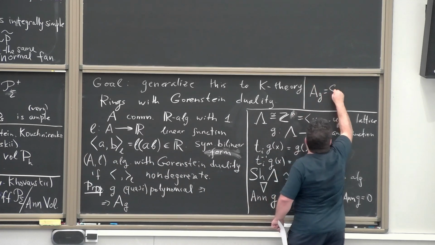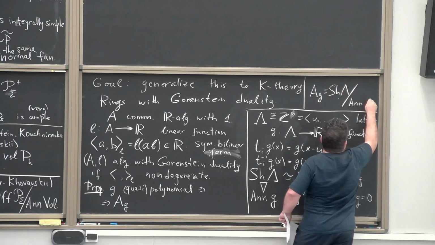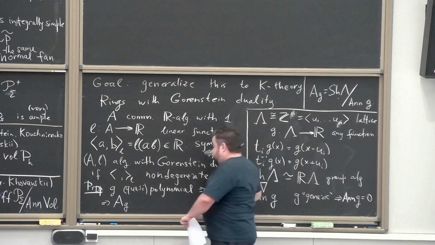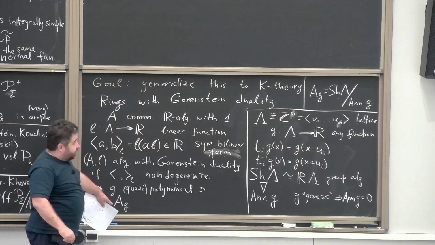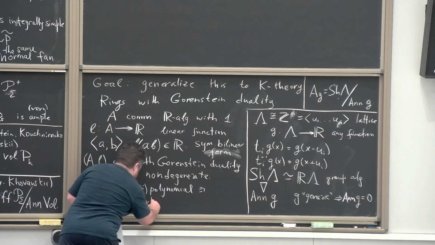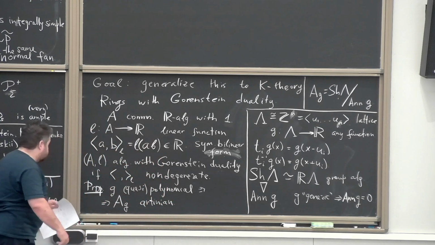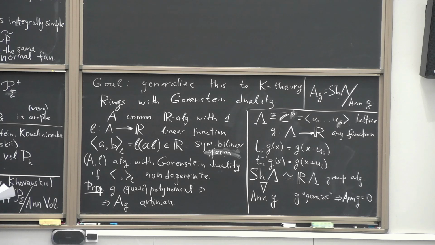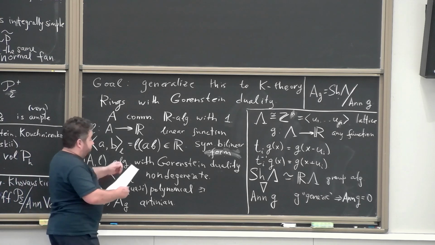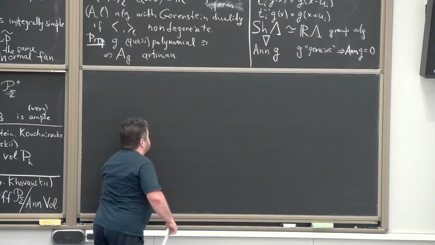This is the algebra of shifts modulo the annihilator of G. So my AG is Artinian, a finite dimensional Artinian ring. Okay, so we would like to have a similar characterization, something like we had in this case.